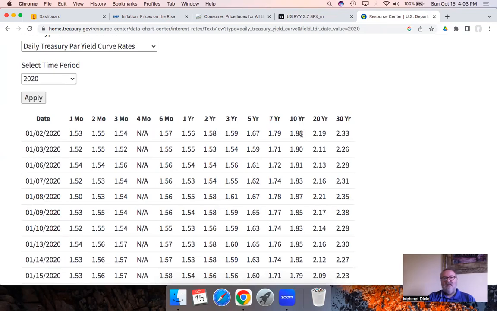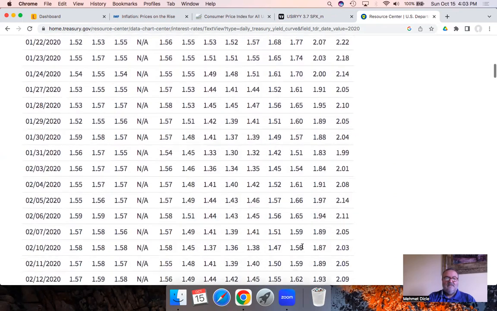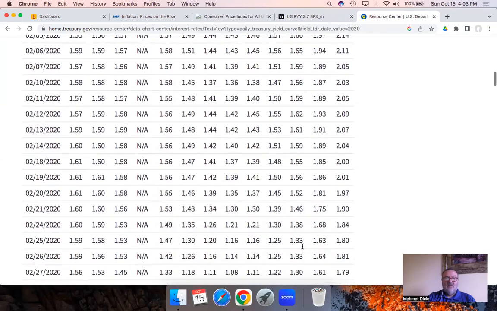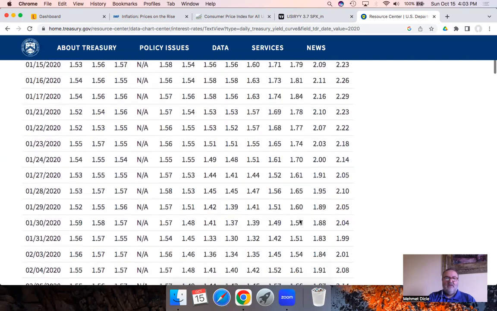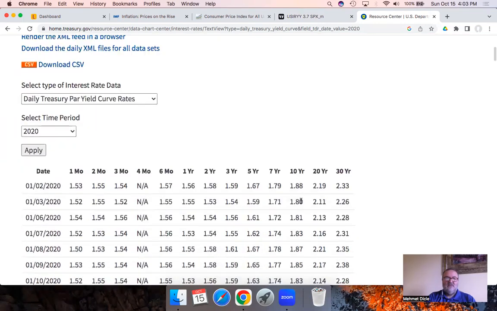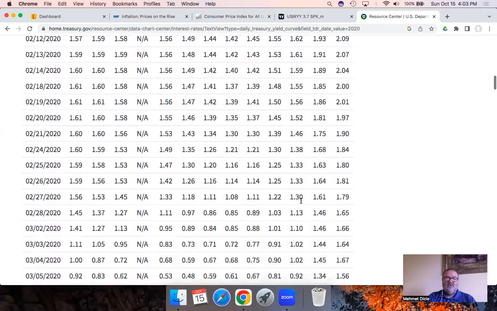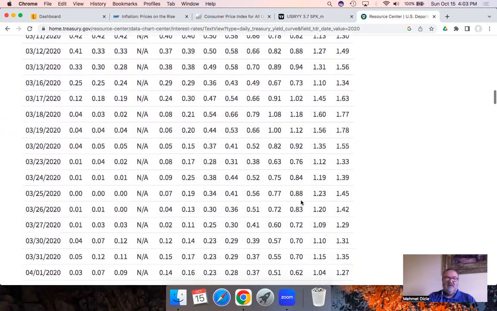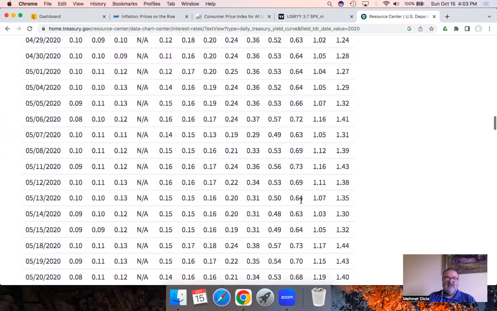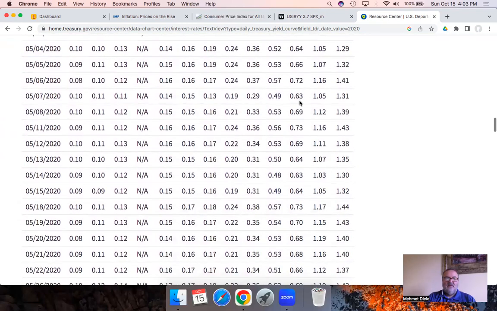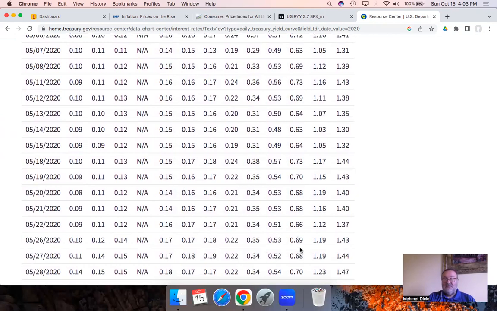And notice the 10-year yield for US Treasuries in May of 2020, when the inflation is at its lowest. Notice how we are actually coming down all the way from about 2%, all the way down to very close to 0.5%. See, that's your May, and we actually have about 0.6%. This is a 10-year yield.